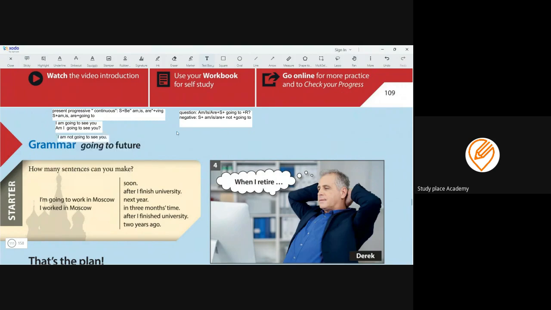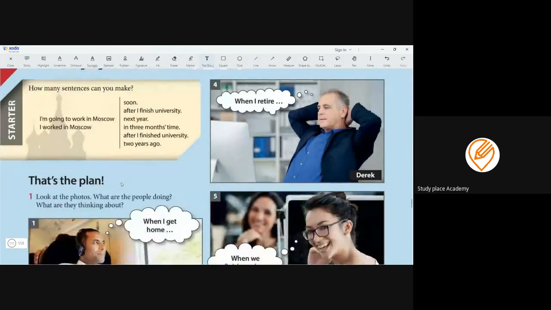Okay. So now starting with our first exercise. We have marks and we're going to know if they refer to the future or to the past. So we'll start with this one with soon. I'm going to work in Moscow. Soon refers to the future. After I finish university, in the future, finish in the present, so with ongoing.